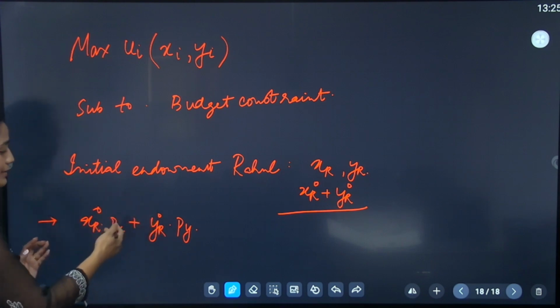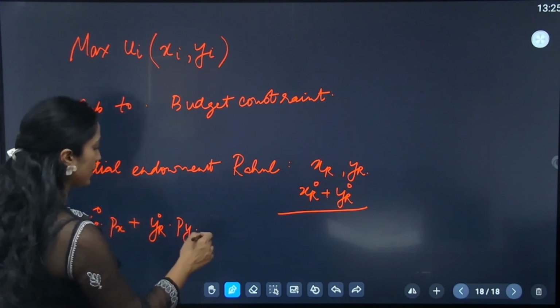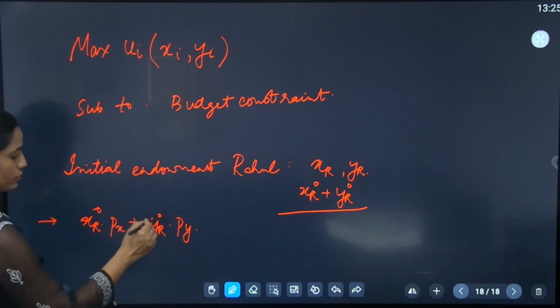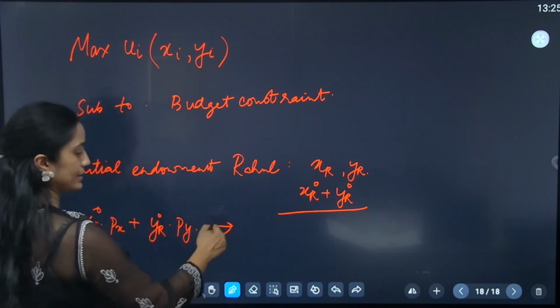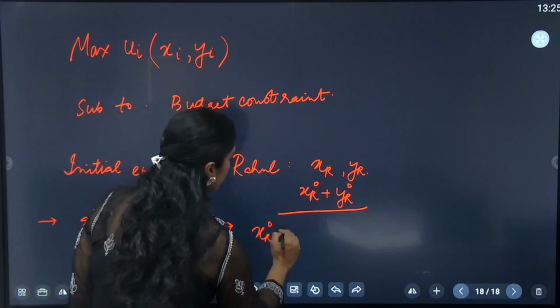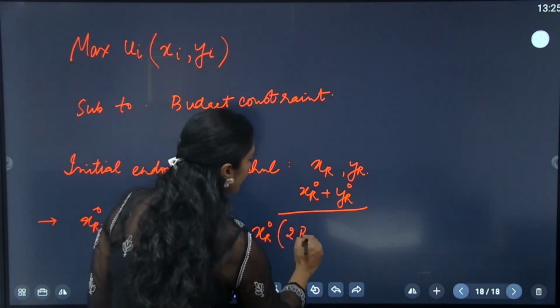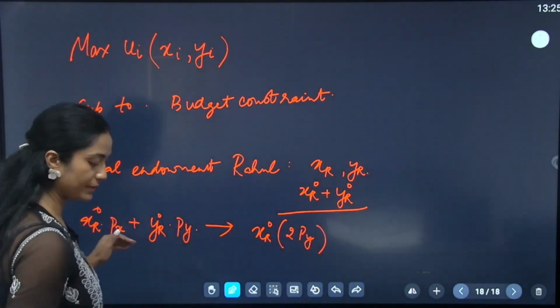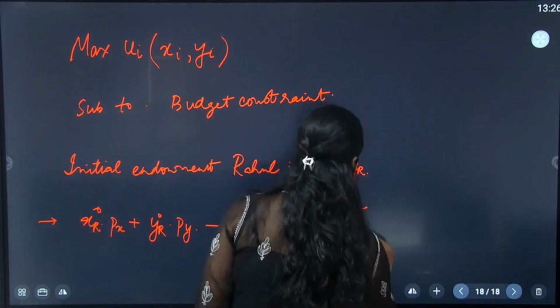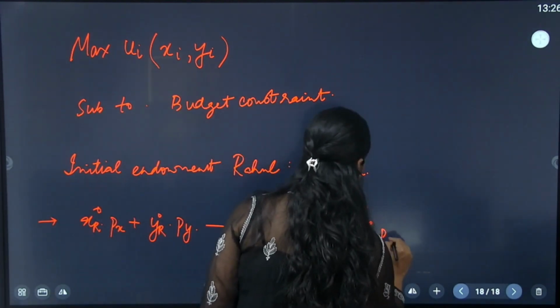And since, for example, your px was equal to 2 times py, right? So if you replace px, which is 2 times py, you will get xr naught times 2 py, replacing the value of px in terms of py, plus yr naught py.